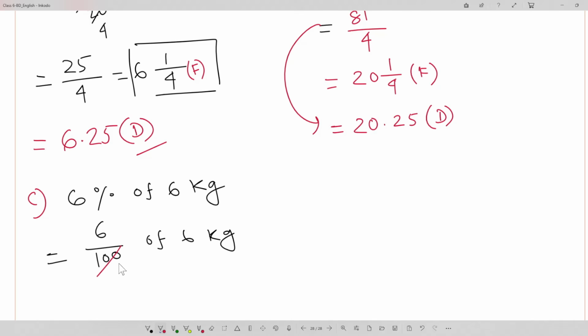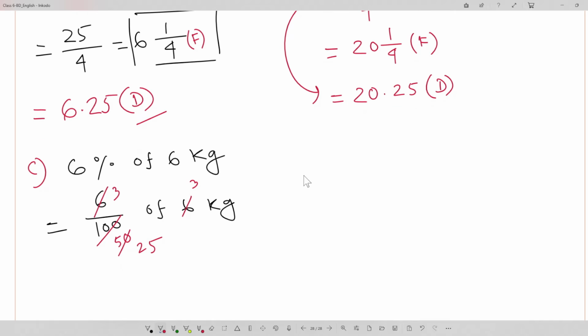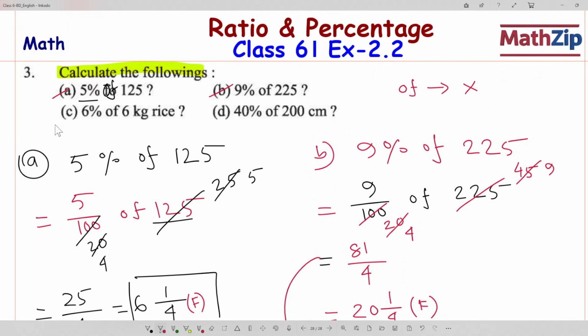So 100 divided by 2 is 50 and 6 divided by 2 is 3. Similarly, 6 divided by 2 is 3 and 50 divided by 2 is 25. So we can write 3 times 3 is 9 by 25. This is the fraction mode. So what about decimal? 9 divided by 25 will be 0.36 kg. Okay, so number C done.